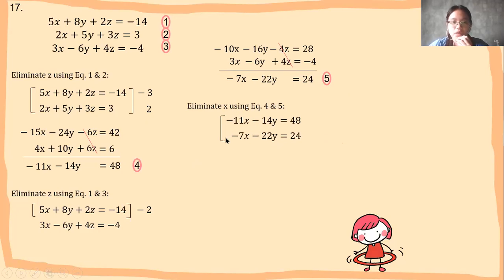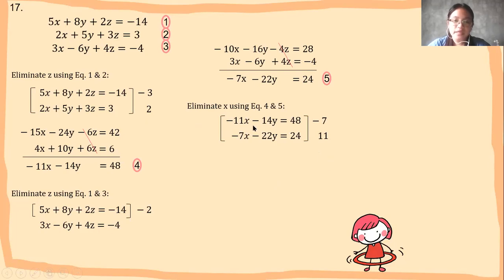So we are trying to eliminate the x. So we will find numbers to be multiplied so that they can have the same number. So the equation number 4, let's multiply it by negative 7. And the equation number 5, let's multiply by 11, or positive 11.